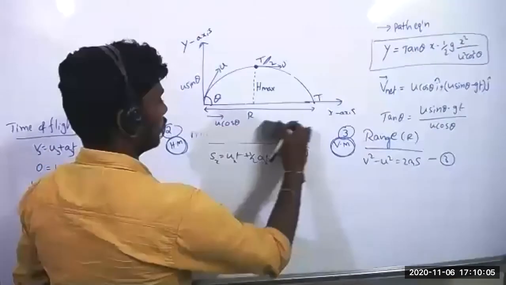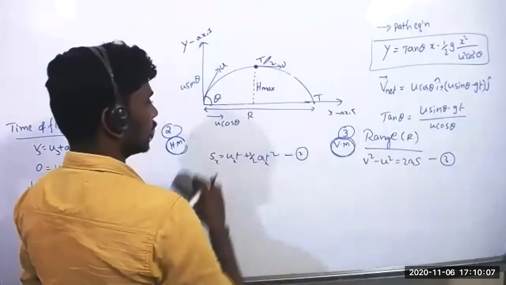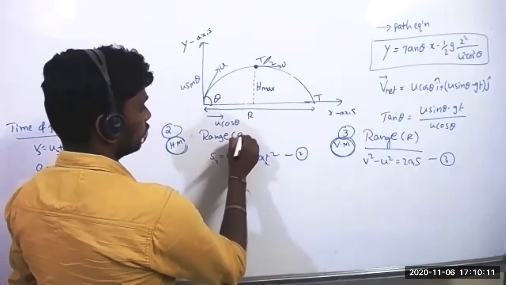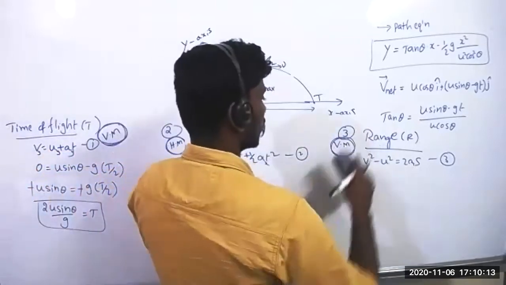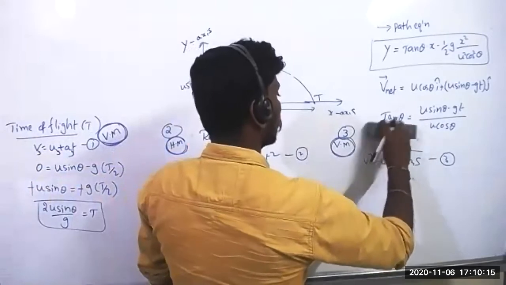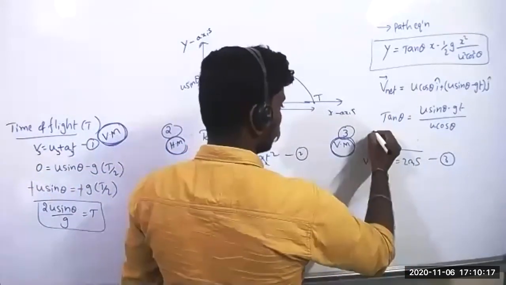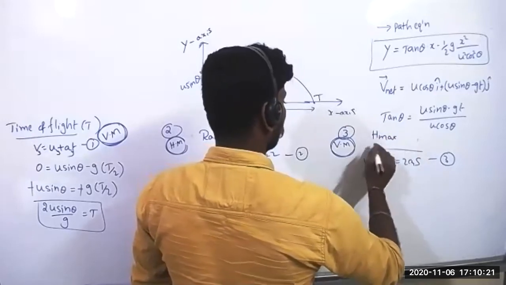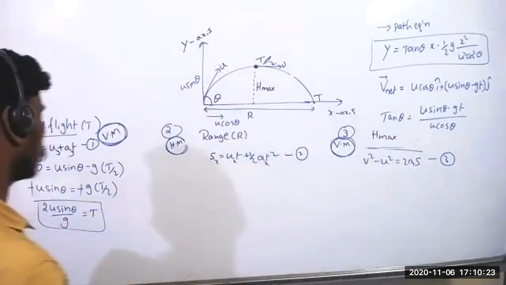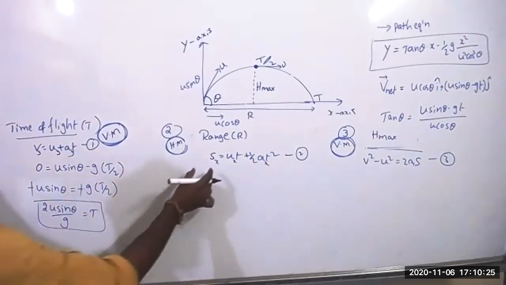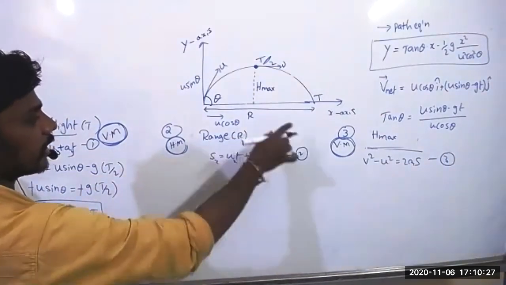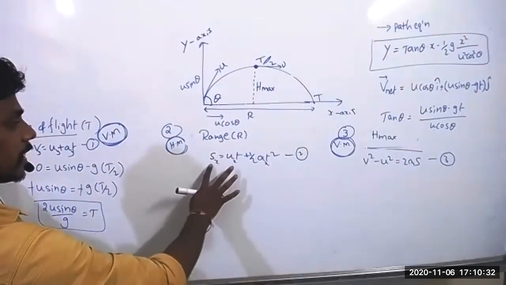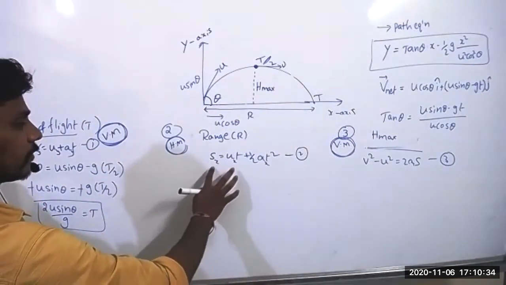Sorry, here horizontal motion I am discussing, so range. Vertical motion I am discussing, so maximum height. Maximum height will be in the vertical direction. Sorry for that. Now in the horizontal direction, what is the Sx?